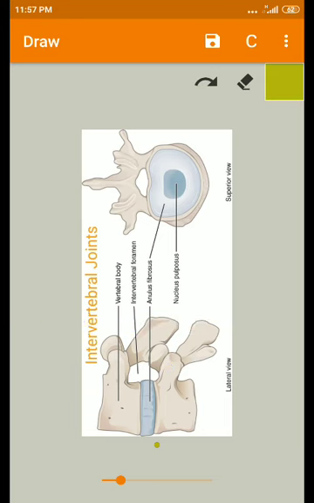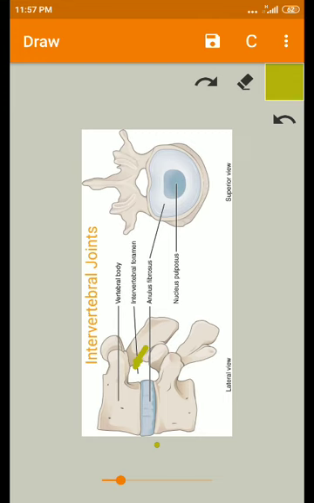Next one is the ligamentum flavum. This ligamentum flavum connects the laminae. You know the laminae, isn't it? Two pedicles are connected to form a lamina, and these two laminae are connected. It is made up mainly of elastic tissue.